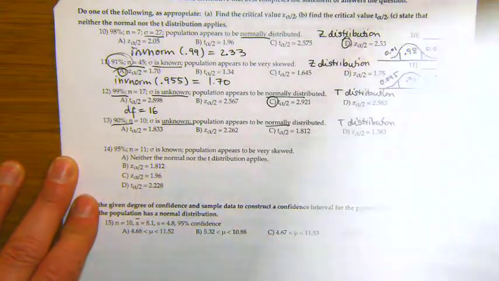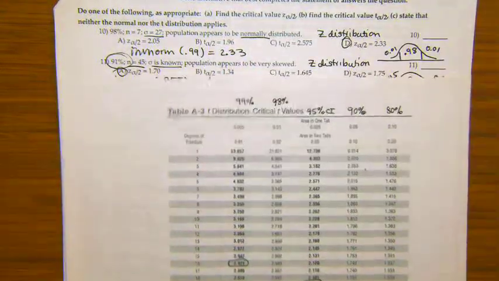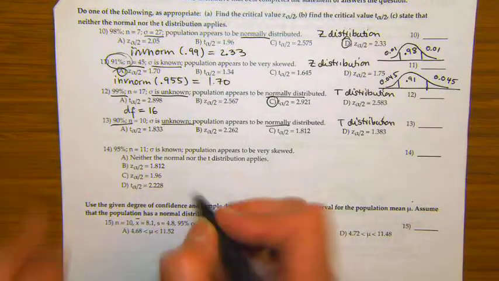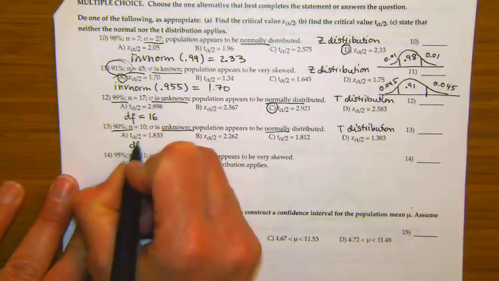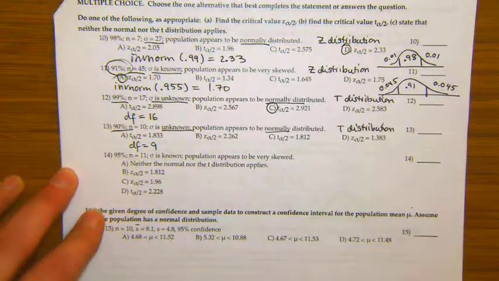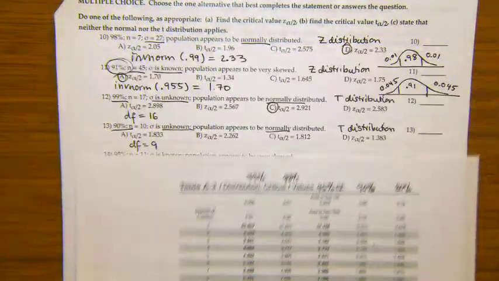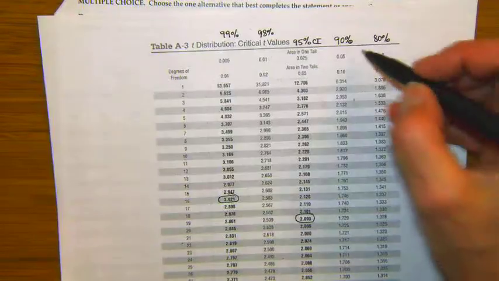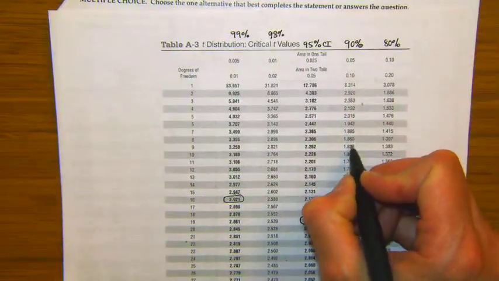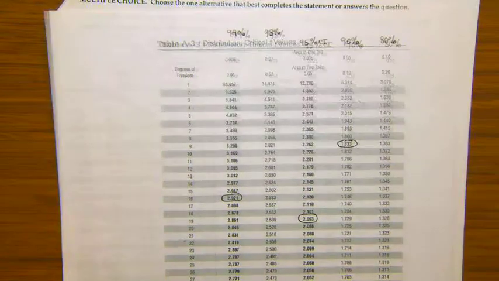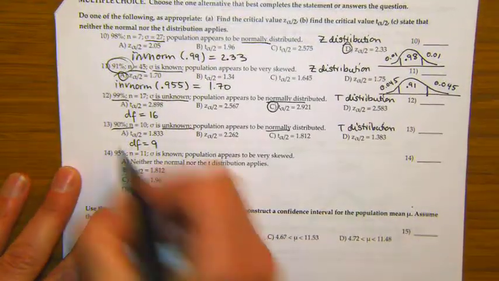So 90% was the second to last column. Our sample size is 10, which means our degrees of freedom are 9. So last column, no, second to last. Going down to 9 degrees of freedom is 1.833.